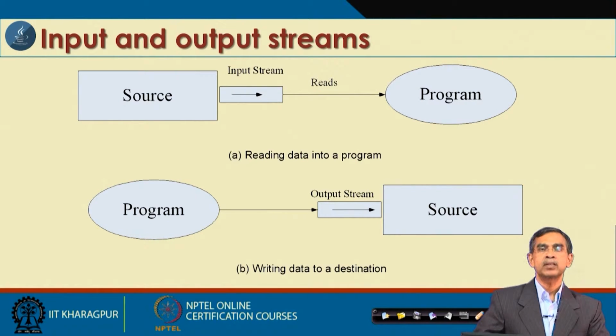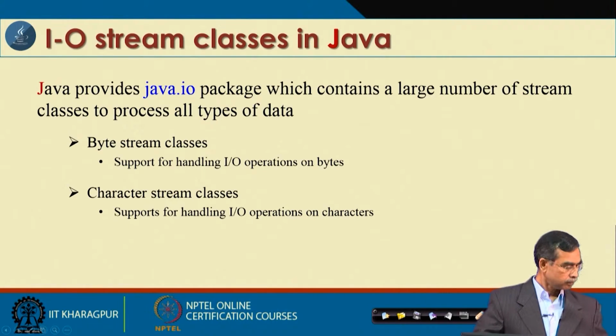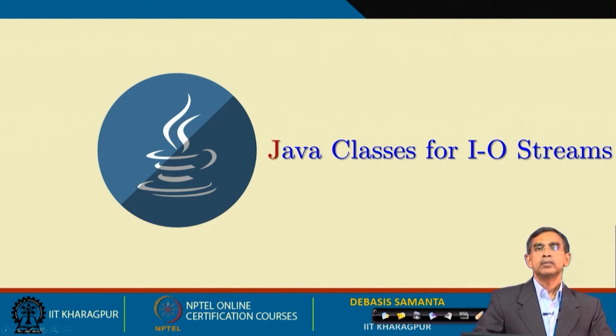So, this is the basic concept of the input output stream: from the program the data is pushed to a destination, that is the output stream, or the program reads something from the input source. The Java IO package is meant for managing input output streams and it is an exhaustive package.